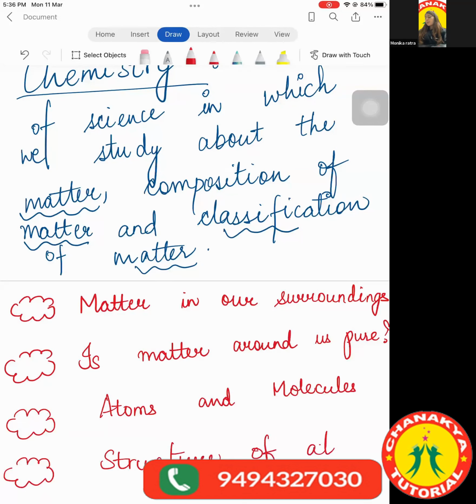So children, whatever you study today or by the end of the session in class 9 is going to form the basis of your science in class 11. The name of one chapter is even the same in class 11th: structure of atom.